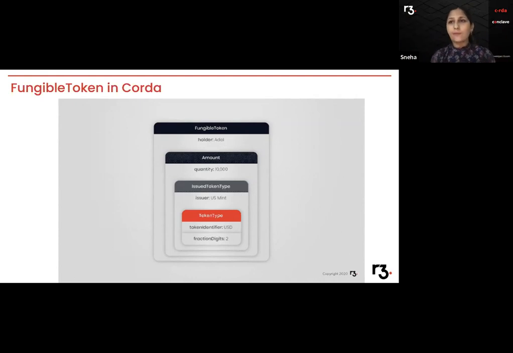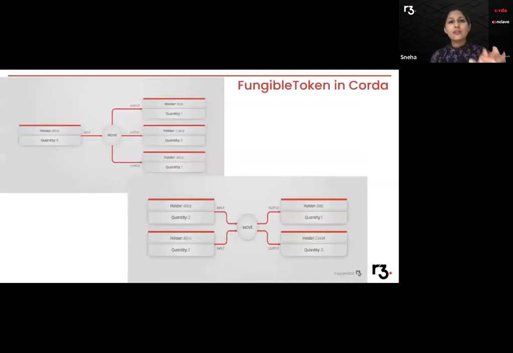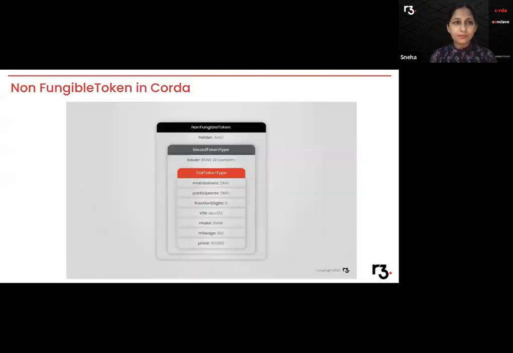That's the token type, which tells you the base token type. Now, that's the fungible token. This diagram shows that fungible tokens can be split and merged, meaning that the quantity can be split to produce multiple tokens, or they can be merged together to produce one or more tokens. But keep this in mind, splitting and merging is possible only if the issuer is the same.